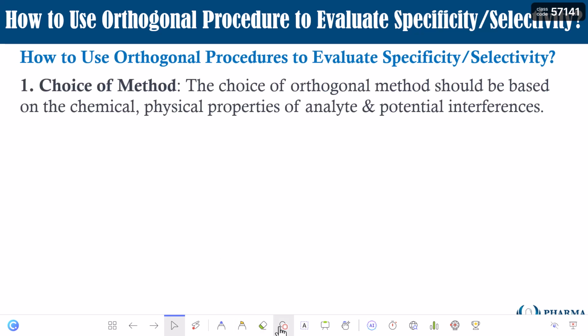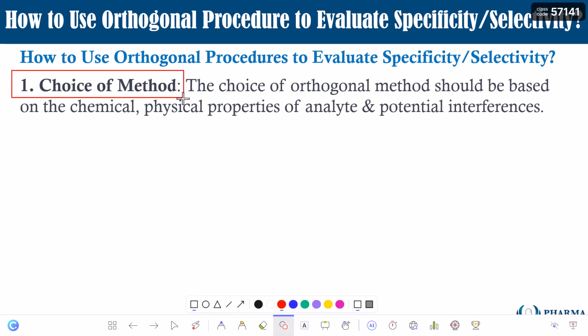The first important point is the choice of method. How are you going to decide on the orthogonal method for comparing the result? The choice of orthogonal method should be based on the chemical and physical properties of the analyte and the potential interference possible. Along with that, you must also consider what the potential interference is going to be.